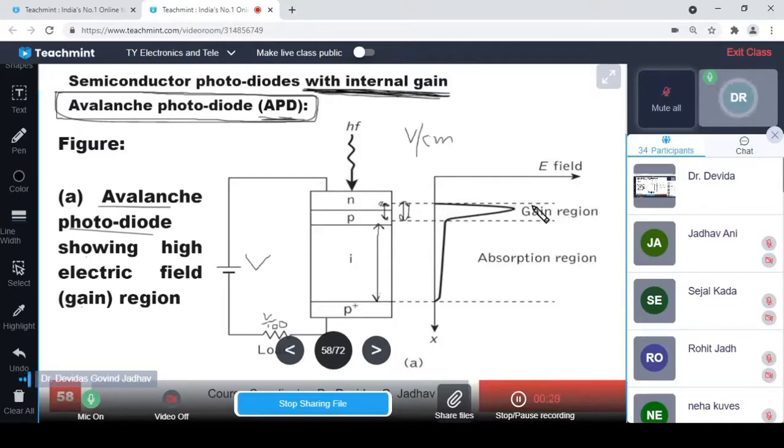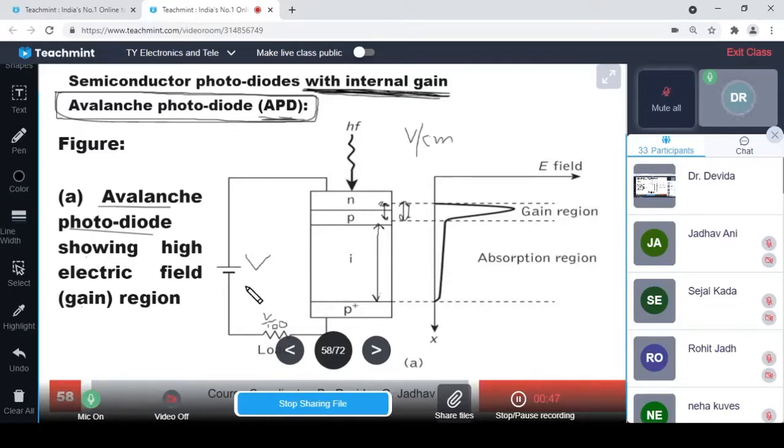Okay, so now we understood the constructional details of the APD. Now how does the APD work? The detector is the same as the previous detectors. When photons fall on the intrinsic region, they generate electron hole pairs, which are immediately swept. Electrons go to the positive of the battery, holes go to the negative of the battery, and very fast they are collected.